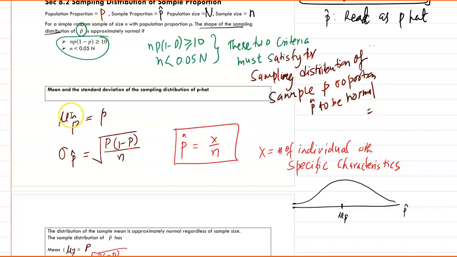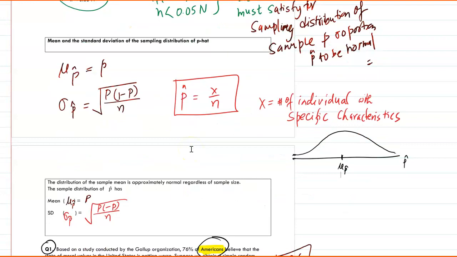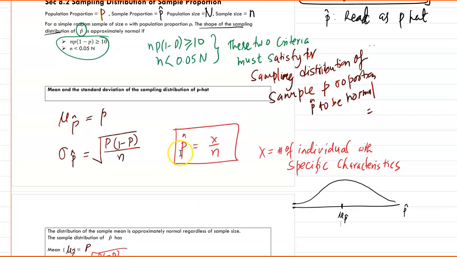As long as the sampling distribution of sample proportion is normal, we use these formulas. The mean of the sampling distribution of p hat, mu p hat, equals p, the population proportion, and sigma p hat equals the square root of p times 1 minus p divided by n. That's the formula. There is also a formula for p hat: it's x over n.